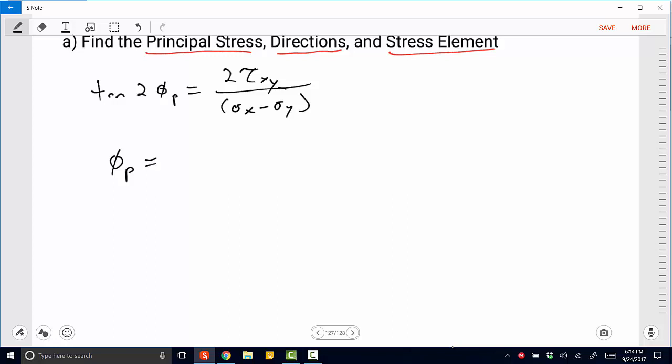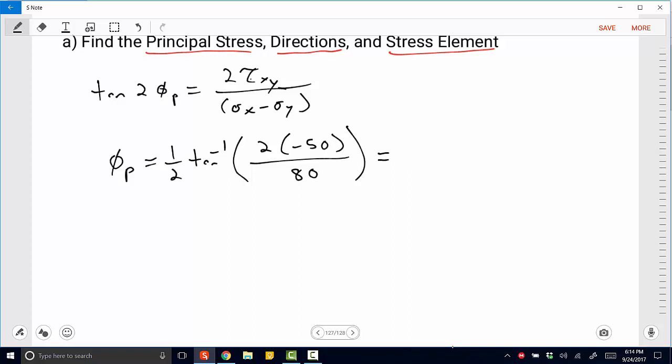If we do that, we'll find that phi p is equal to half of tan inverse 2 times, and let's put the numbers in there, negative 50 megapascal divided by 80 megapascal. And note that we're putting that negative sign, the negative shear sign, in there, right?